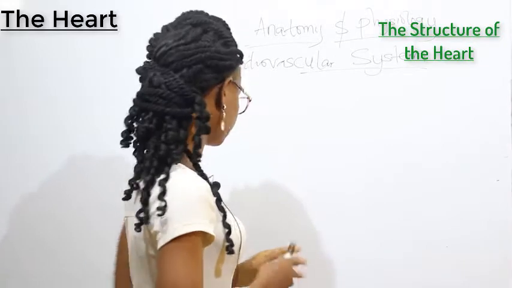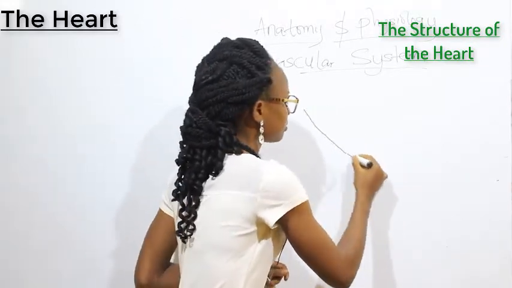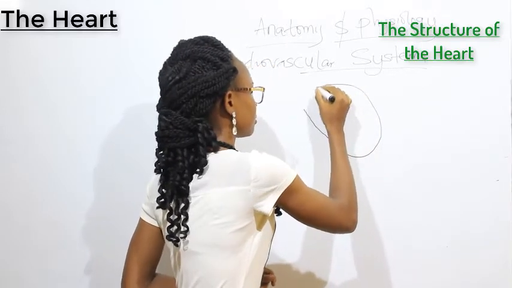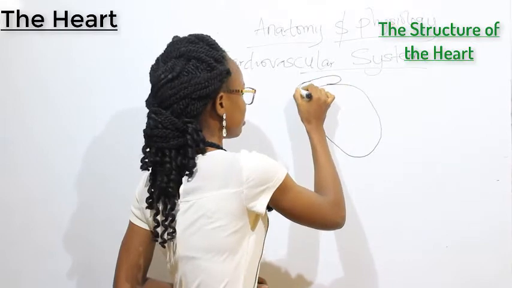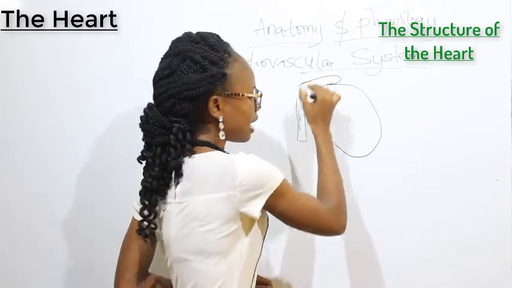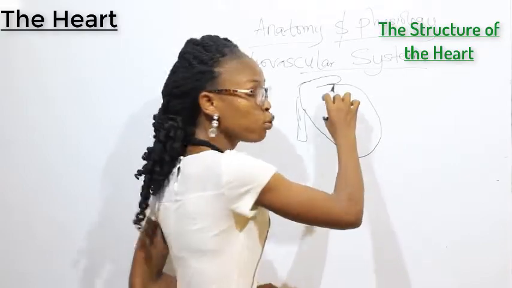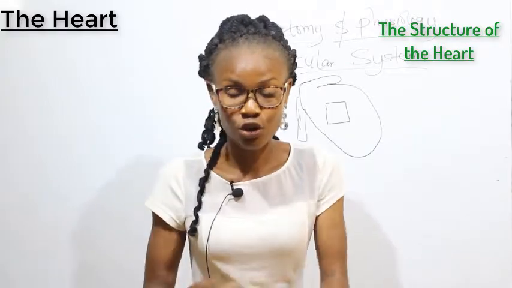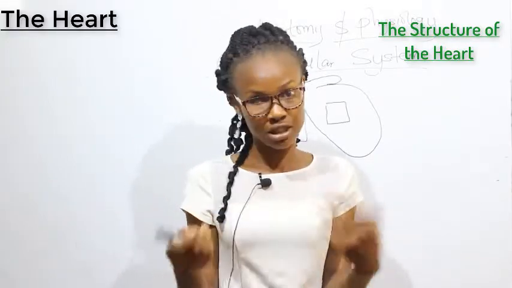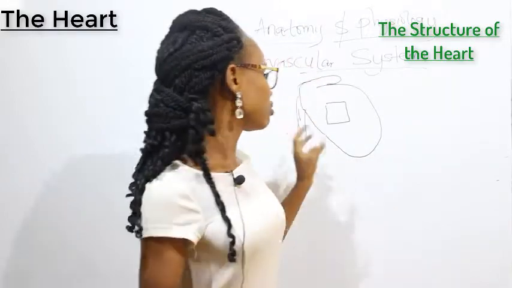Okay, so if this is a heart here, you can use my sketch, and I kind of dissect somewhere here and pull this out, we'll be having layers, and that's just like your other parts of the body, the skin, for example, where you have the epidermis, the dermis, and so that's the same thing with the heart.